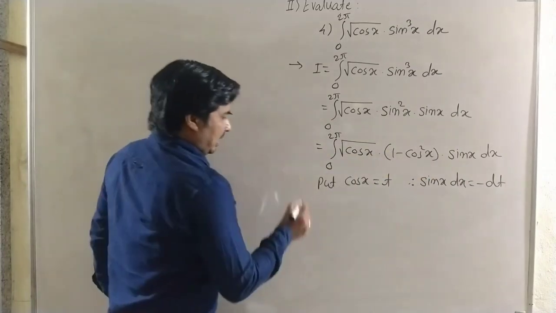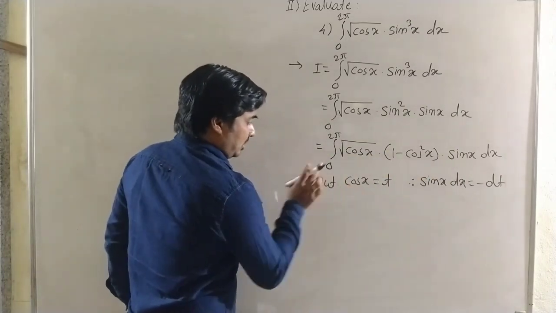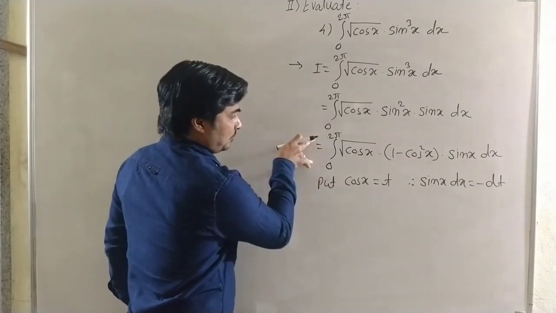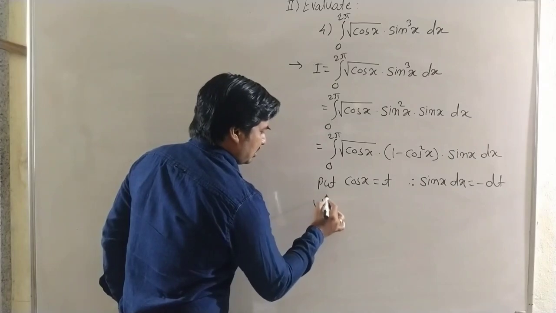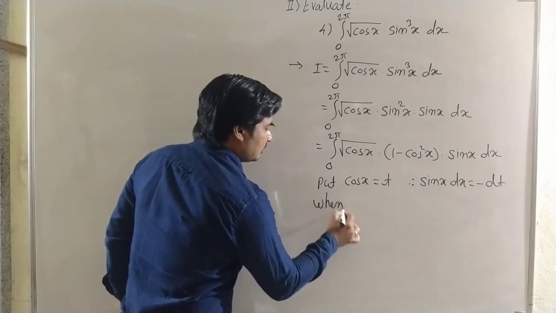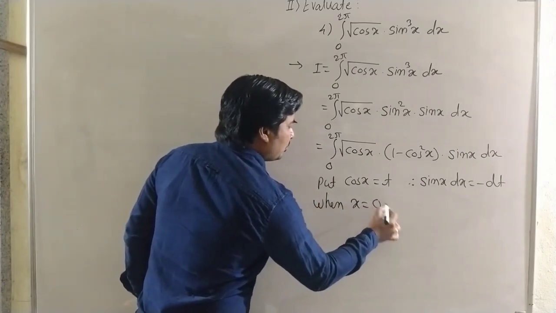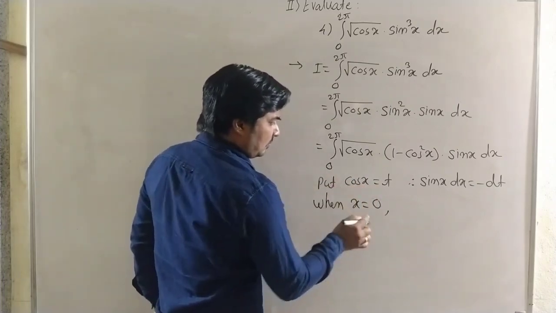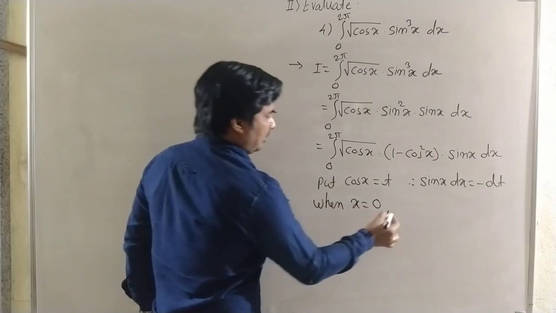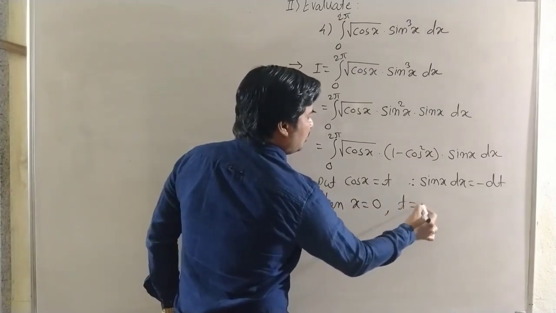Here it is a definite integral with substitution, so we change the limits of the function. See carefully: when x is equal to 0, cos 0 is 1, therefore t is equal to 1.